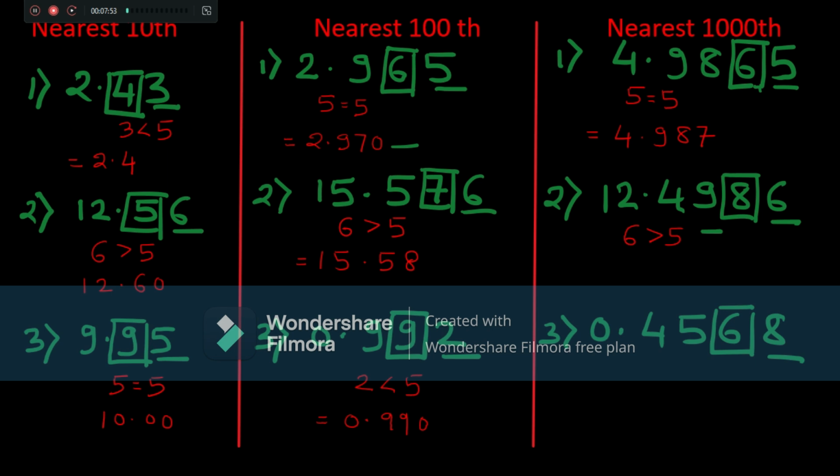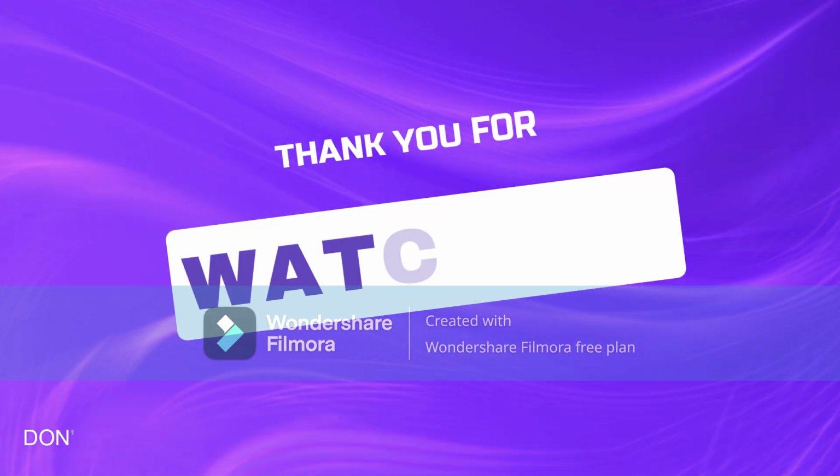So we need to increase 8 by 1, and the number will become 4.99. Similarly, for this case, the number to the right is greater than 5, so we need to increase this by 1 and this will become 457. Thank you, students. So this is about how to round off a given number.